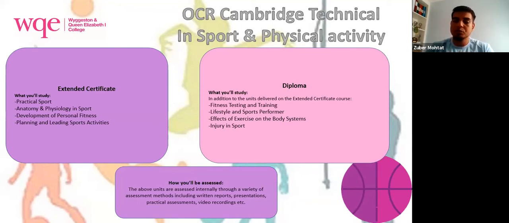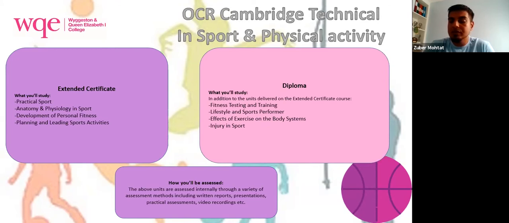Anatomy and physiology in sport, which is about the physiological aspect of the body. So, the different body systems, such as the muscular system, the skeletal system, the respiratory, the cardiovascular system, and how they link in with exercise.